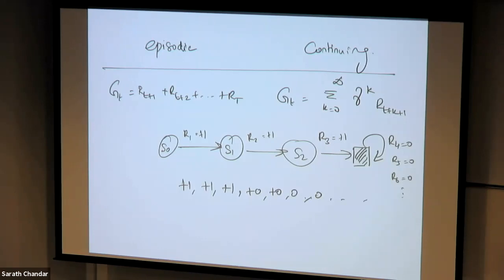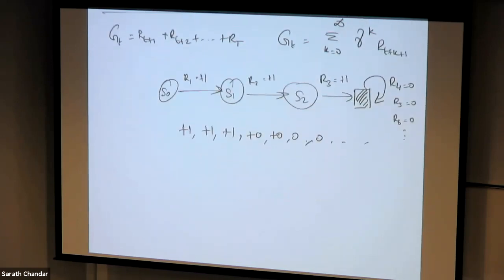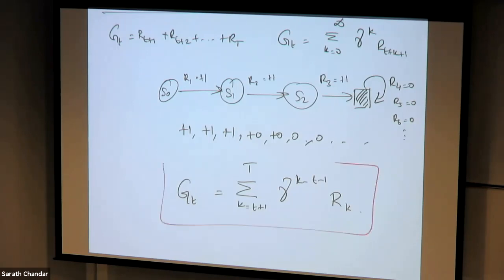If I view the episodic task from this perspective, then I can write one equation for return. My equation is going to be the summation over k equals t+1 to capital T of gamma to the power k minus t minus 1, times R_k. In this case, either T goes to infinity or gamma is equal to 1.